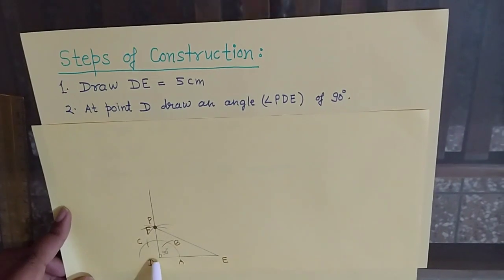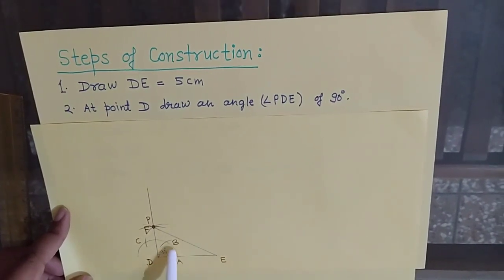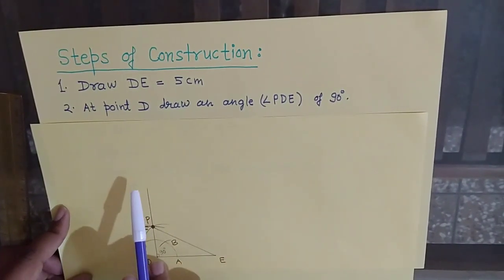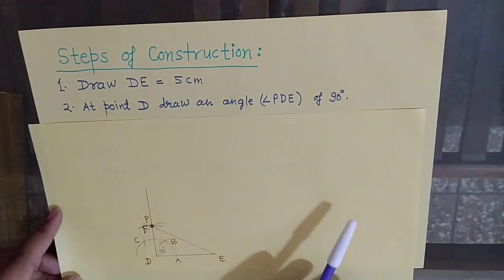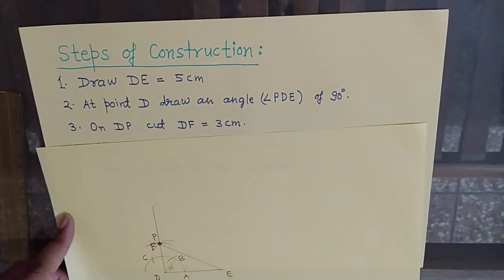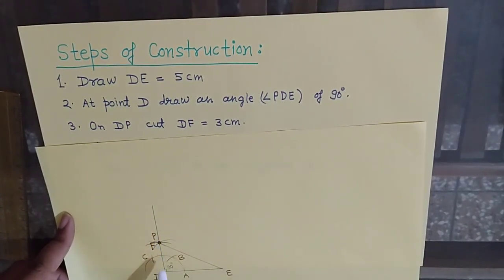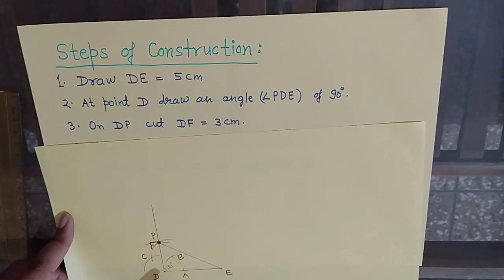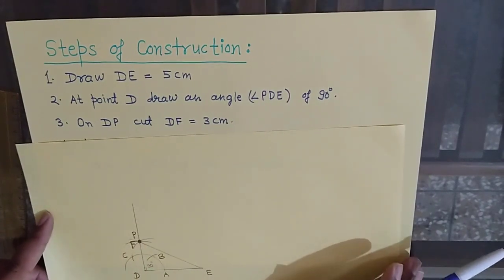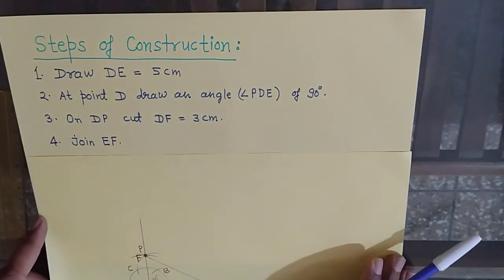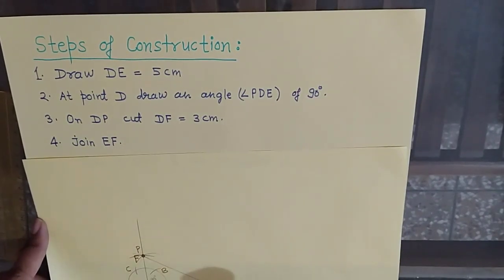Step 2, at point D, draw an angle of 90 degree. Step 3, on DP, cut DF equal to 3 centimeter. Step 4, join EF.